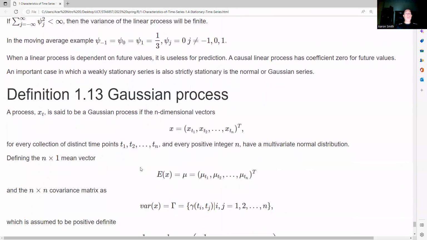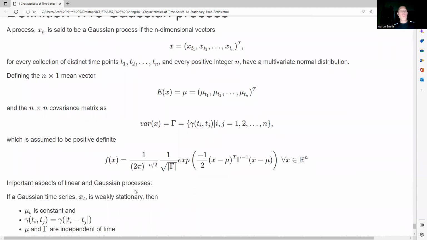So now let's take a look at the Gaussian process. A process x sub t is said to be a Gaussian process if the n-dimensional vectors for every collection of distinct points, for all possible integers n, have a multivariate normal distribution. Very naturally, we get our mean vector off of this, and we get our n by n covariance matrix, which this textbook denotes as capital gamma, which we will assume to be positive definite.